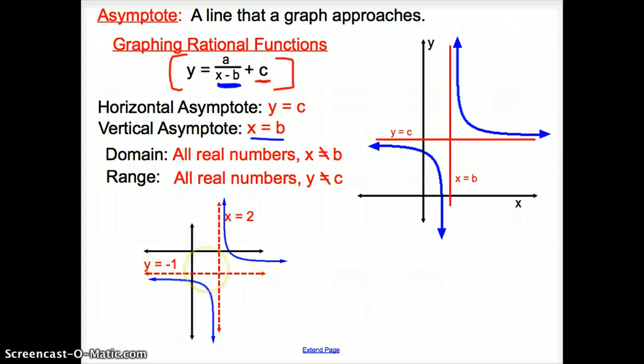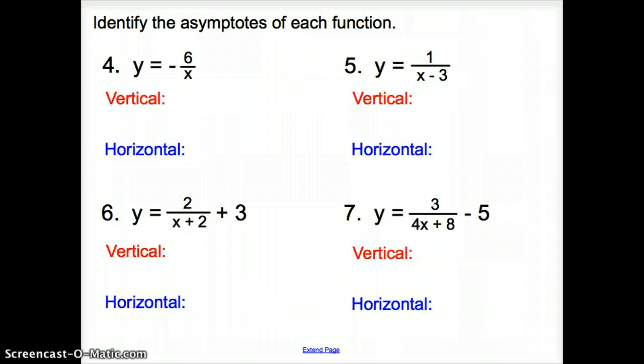In today's assignment, we are going to be asked to identify the asymptotes of each function. We're going to start with the vertical asymptote. The vertical asymptote is whatever is on the bottom of the fraction. So we just say x equals 0. That's going to be the vertical asymptote.